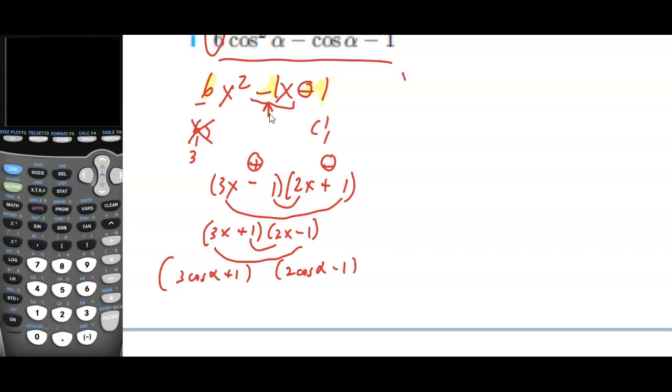And then you would end up with x equals negative 1/3 and 1/2. You get those two numbers. And so then you would say, okay, if I want to factor this, then I would just put x plus 1/3 and x minus 1/2, because that would be the factored binomials that would yield these two solutions, right? And then I would put a leading 6 because the a value is 6.